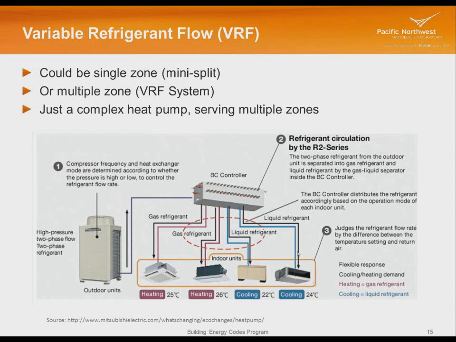It asks which unit wants to be in cooling and which unit wants to be in heating, and it will distribute either the liquid to expand in cooling to the units that want cooling, or the hot gas to the units that want heating. And so we have a heat pump that actually cycles heat between zones, as well as switching this compressor between either a heating or cooling mode, depending upon the balance of all these zones.